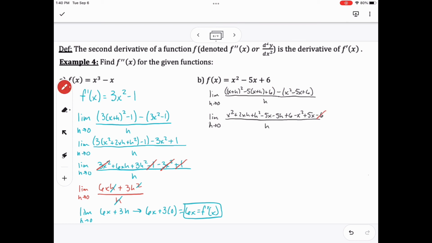Several things should cancel. Get some 6's, 5x, x squareds go away. I'm left with 2xh plus h squared minus 5h, and then I can reduce everything by an h. Leaves me with 2x plus h minus 5. Get rid of that middle h because I plug in 0. So my first derivative is 2x minus 5.